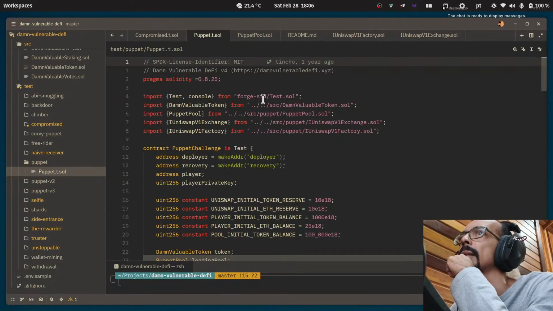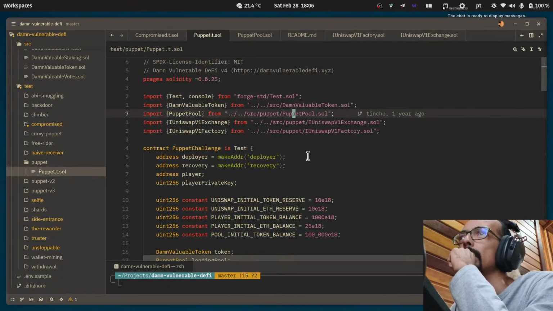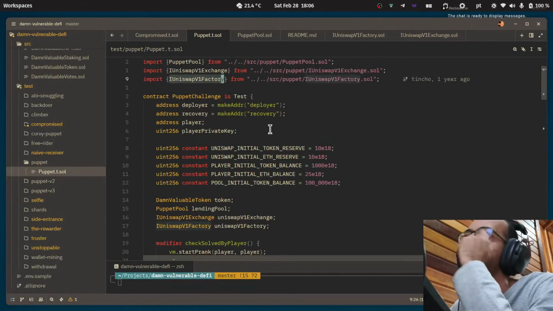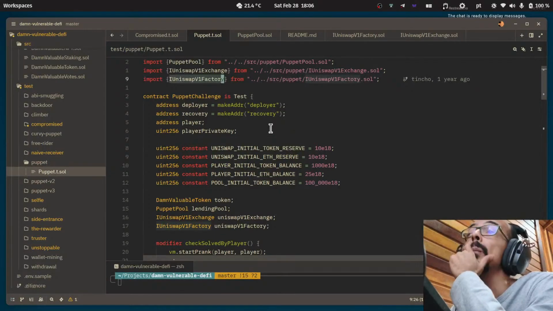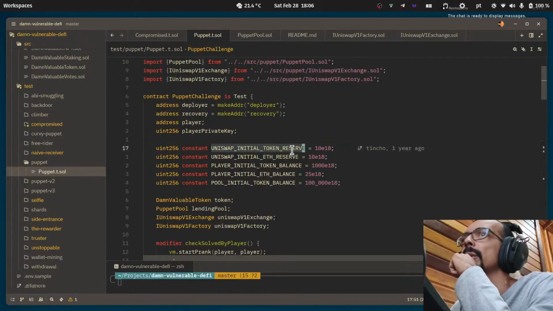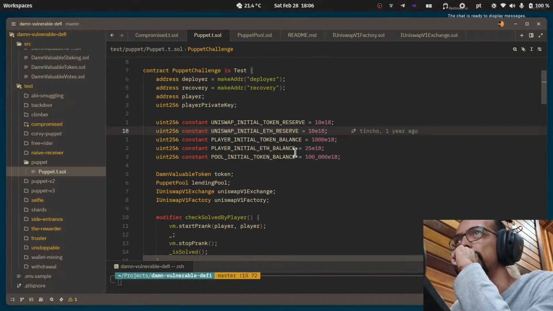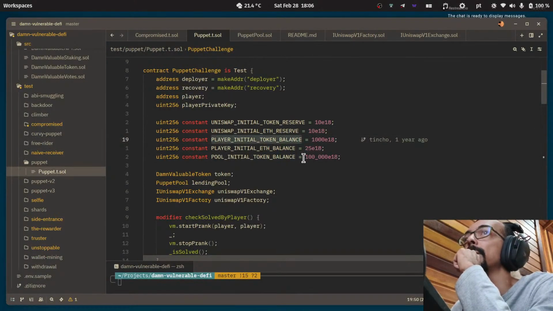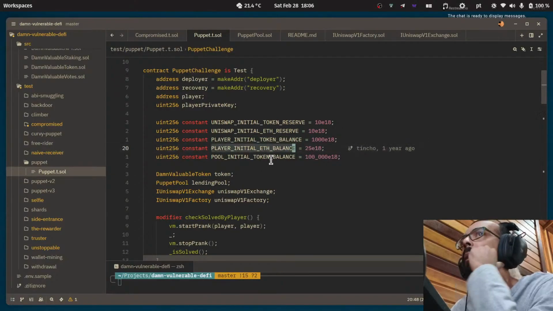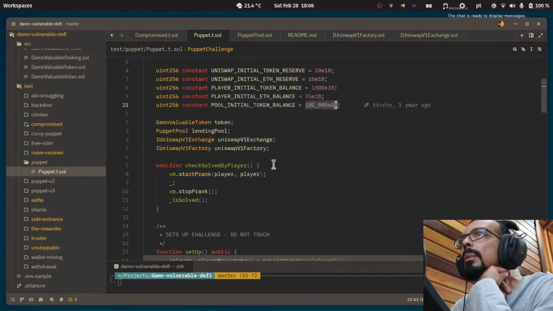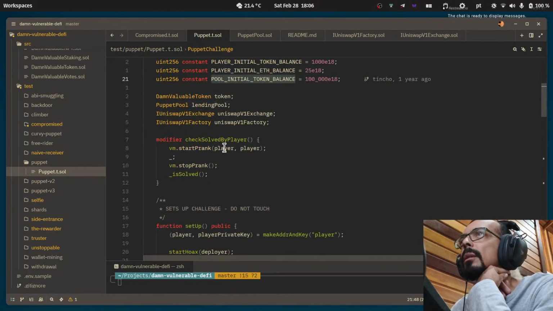So the test has the pool and the interfaces. And here we have the total reserve 10 and 10 in Uniswap. My balance. The player, the balance as token, the balance as Ethereum in the pool. So I need to save from the pool all those amounts.